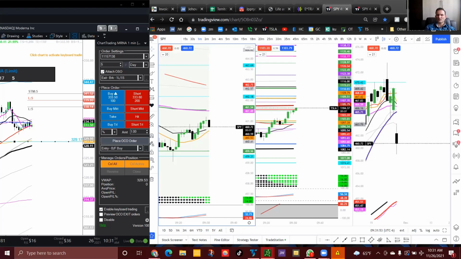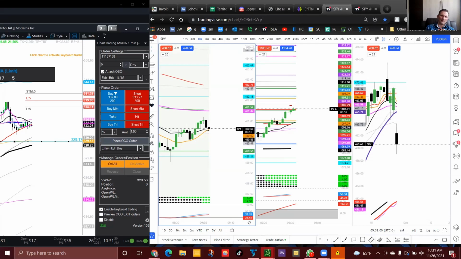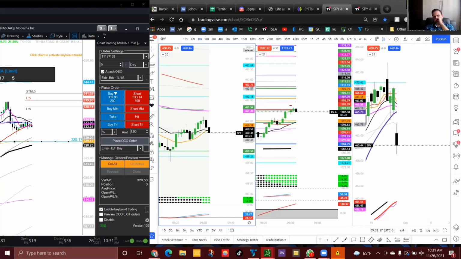But again, you have to make sure you're dealing with a major level. When I zoom out to the $5 increments on mRNA, 340 is a major level. As you can see, there's huge liquidity at 340, decent at 345, and another big one at 350.